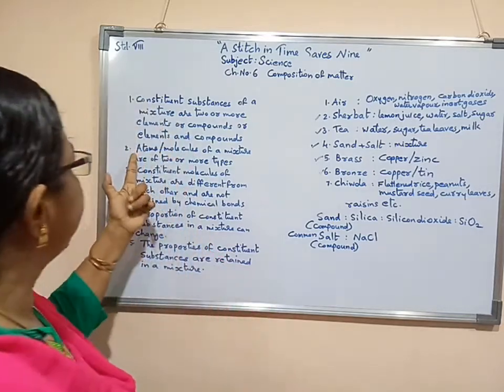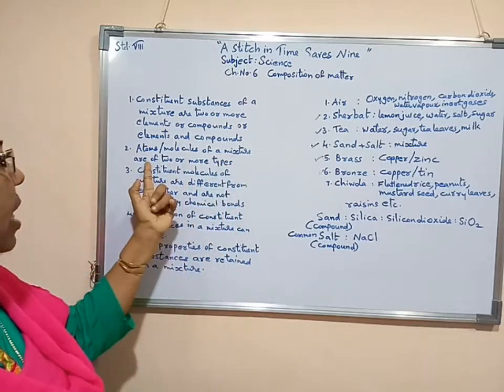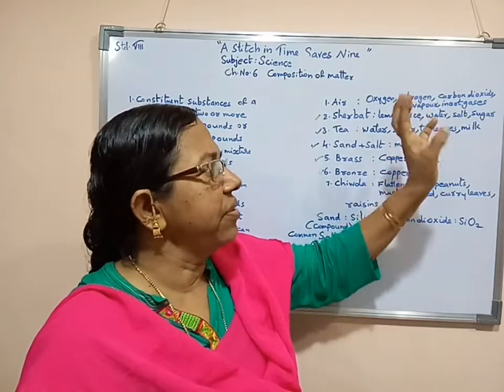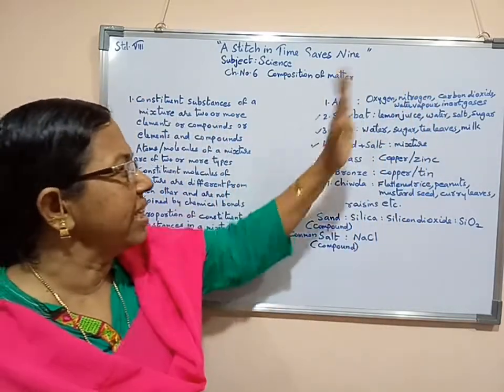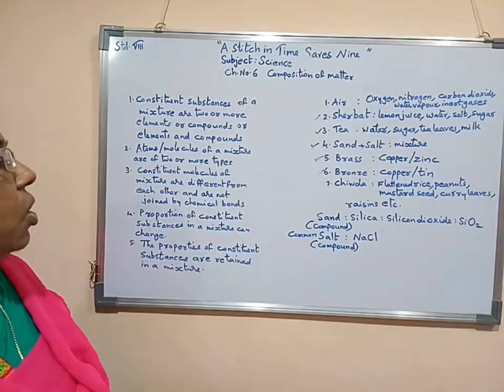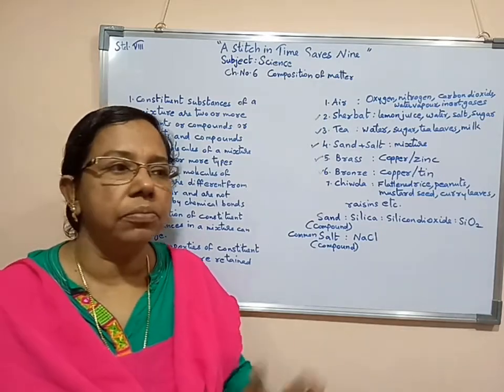Now, here the second point is saying, atoms or molecules of a mixture are of two or more types. Atoms may be there, or molecules of different things may be there. So atoms or molecules of a mixture are of two different types. In a mixture a single thing won't be there.